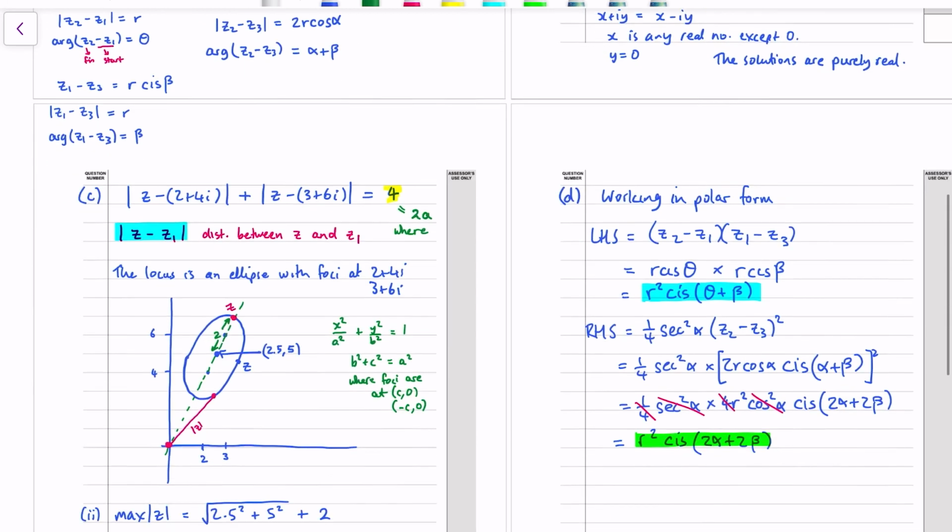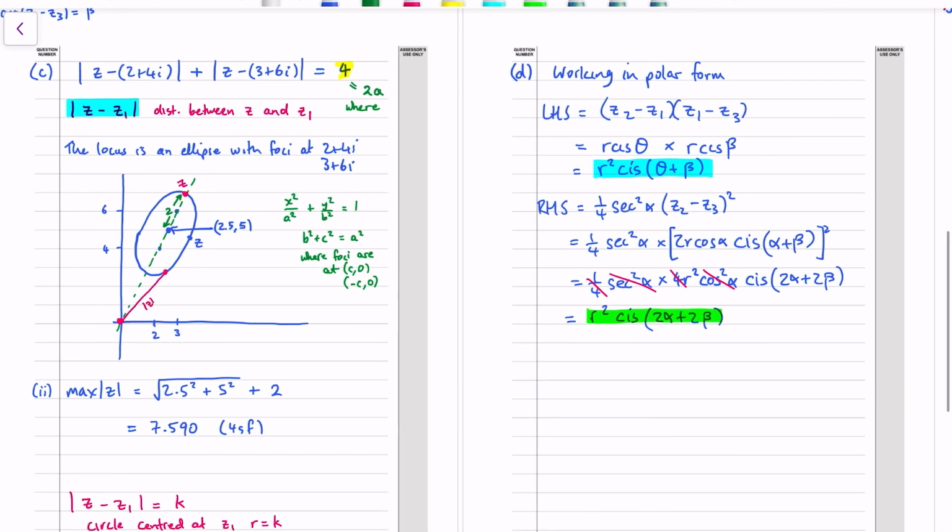Theta plus beta equals 2 alpha plus 2 beta. Left hand side equals right hand side, because theta plus beta equals 2 alpha plus 2 beta as per my diagram, which I said you'd need to include in your answer. Therefore the proof is complete.